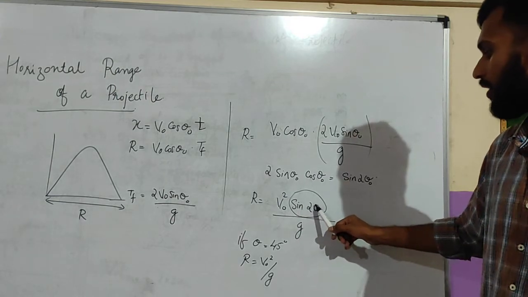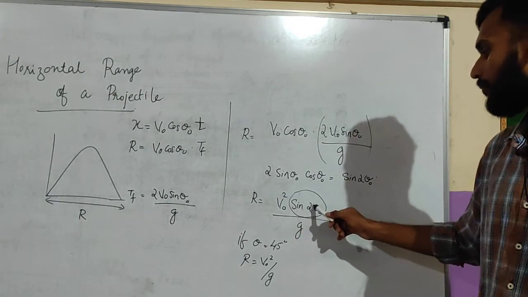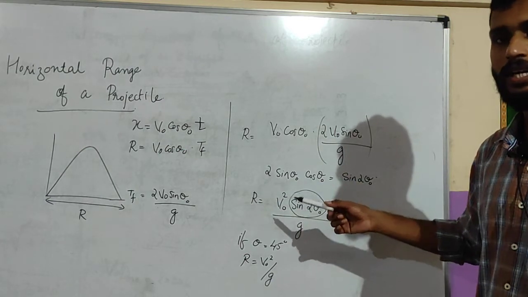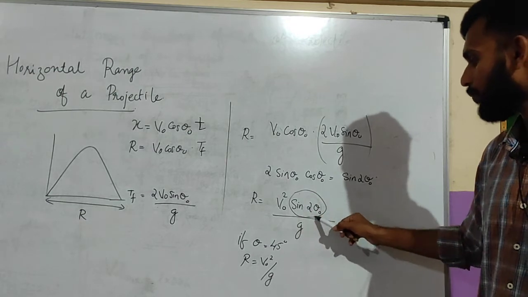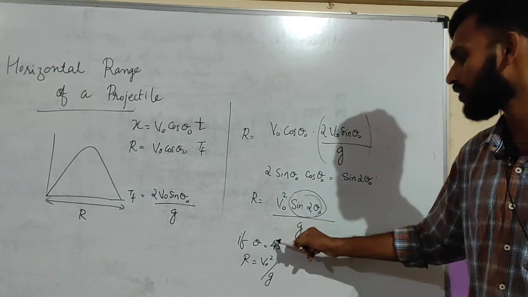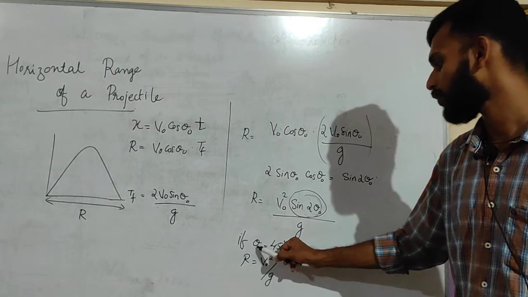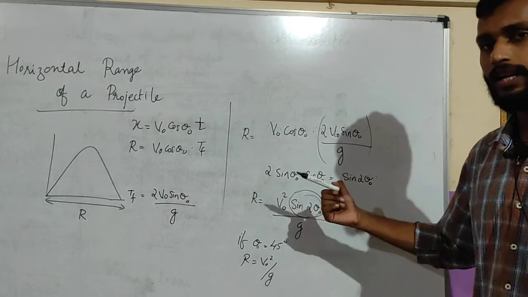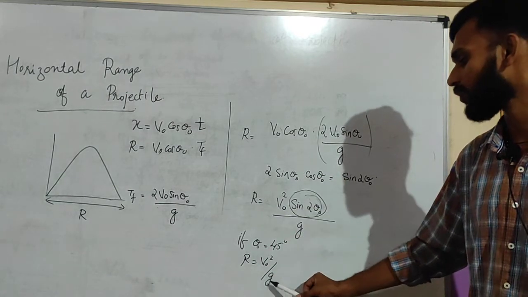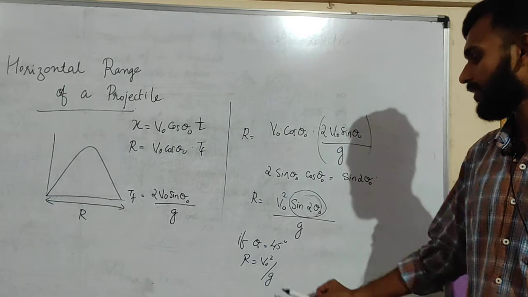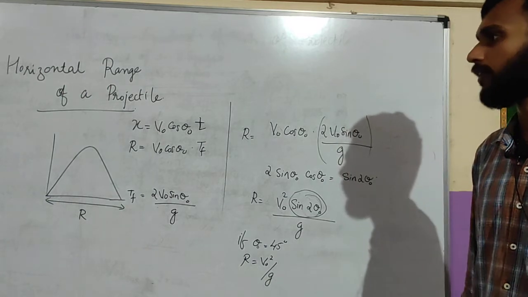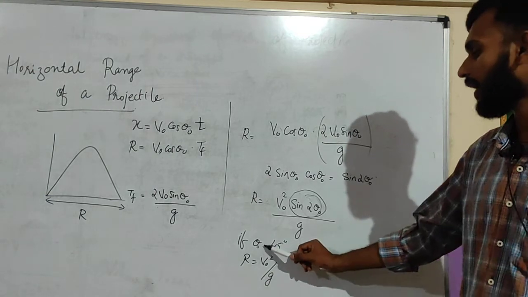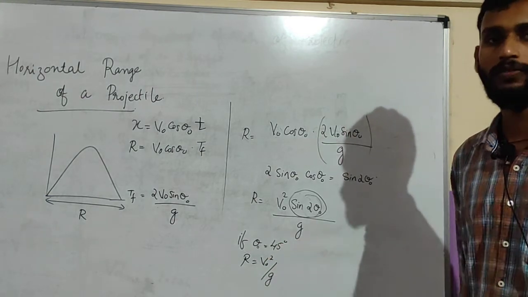So sin 2 theta 0 should be equal to 1, that means 2 theta 0 should be 90, since sin 90 is 1, so theta 0 should be 45 degrees. Then only we can get the maximum range, and the maximum range value will be V0 square divided by G. So for obtaining the maximum range, the angle should be kept as theta 0 equal to 45 degrees.